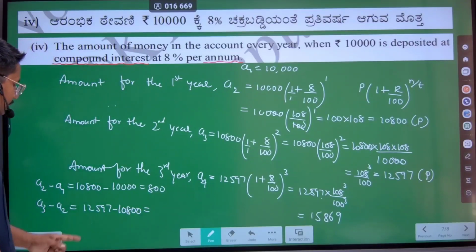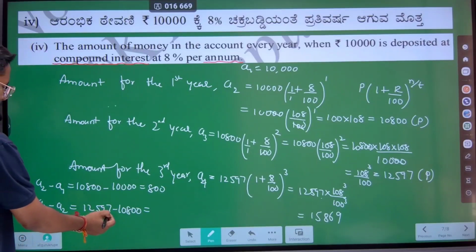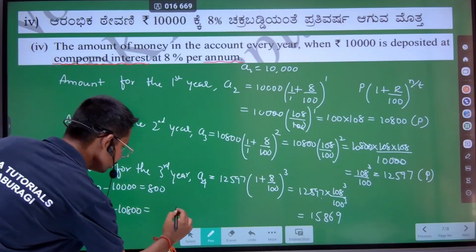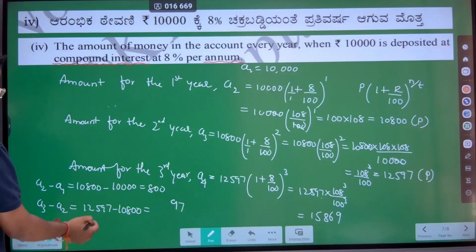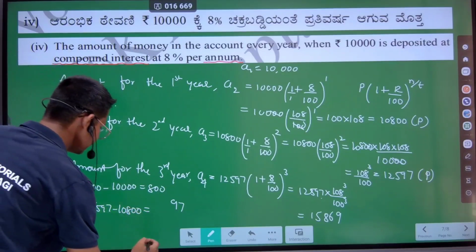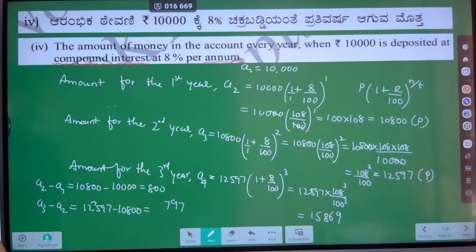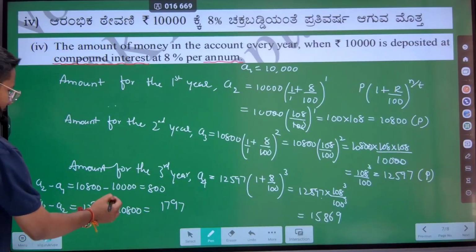Whenever you write the numbers, you have to write according to their digits. Now the ones place: 7 minus 0 is 7, 9 minus 0 is 9, 5 minus 8 is not possible, so I will take a carry, so it is 15. 15 minus 8 is again 7. Then 1 minus 0 is 1, and again 1 minus 1 is 0.